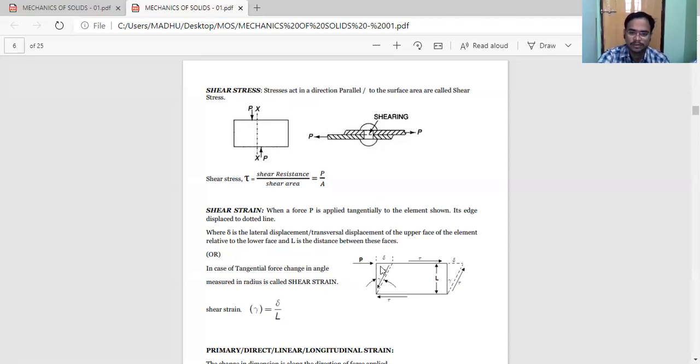When the loads are shear loads, acting tangentially over the surfaces, the change in position leads to what we call shear strain, and the distance it moved is del. So del divided by its original length L, that is shear strain.